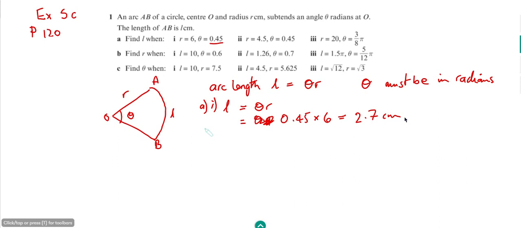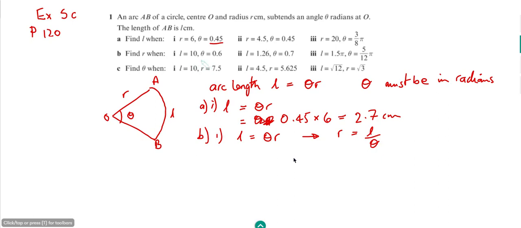So we'll continue this. We're going to do B now. For B, we're looking for the radius. Again, we're going to start with the formula L is equal to theta r, and if we rearrange that to make r the subject, we get that r is equal to L over theta.